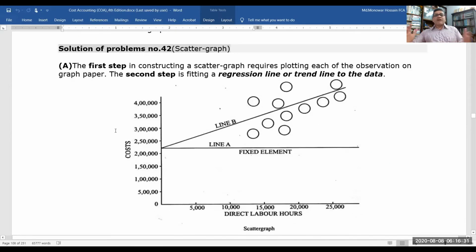Number one, constructing a scatter graph requires plotting each of the observations on graph paper. The second step is putting a regression line or trend line to the data.